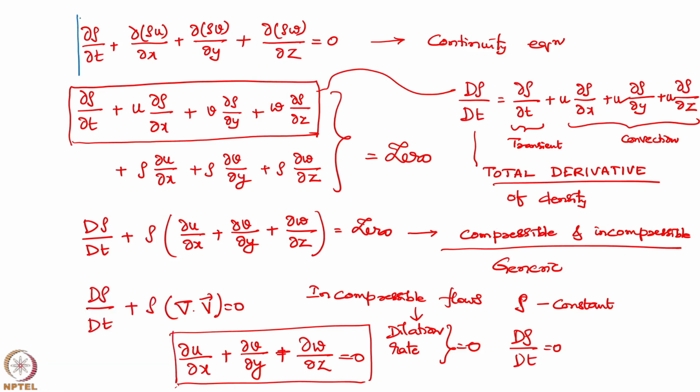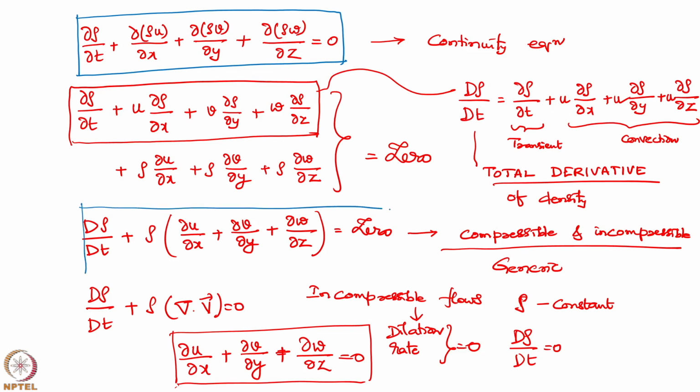One is this dou rho by dou t plus dou by dou x of rho u plus dou rho v by dou y plus dou rho w by dou z equal to 0. That is one form. Another form is d rho by dt plus rho del dot v is equal to 0, and of course, for incompressible flows, this gets reduced to del dot v equal to 0. Okay? That is about the continuity equation.